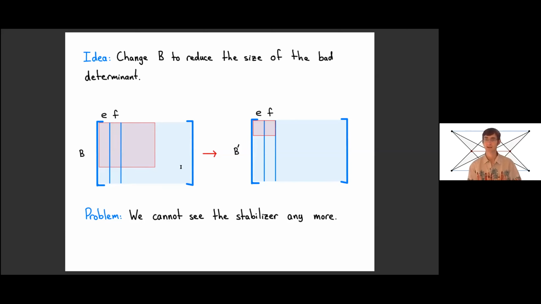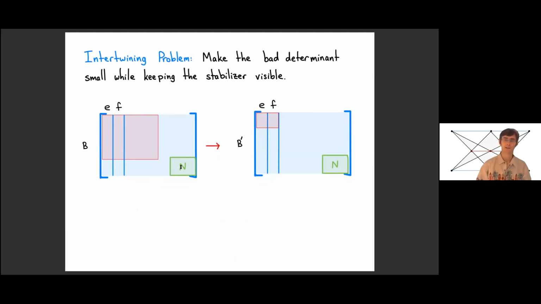We started out with the stabilizer being visible. We chose the basis in a careful way so that we could see the stabilizer. And then we had this bad determinant come up and we pivoted so that the bad determinant was small, but then we lost sight of the stabilizer. That brings about the problem I call the intertwining problem: making the bad determinant small while keeping the stabilizer visible.